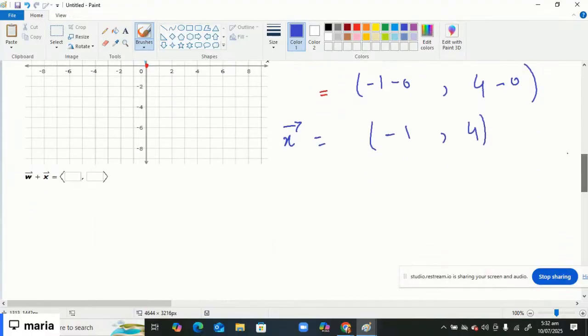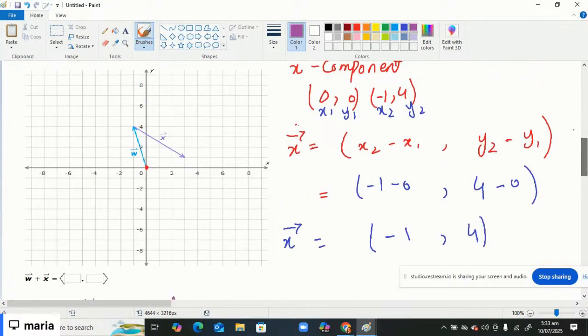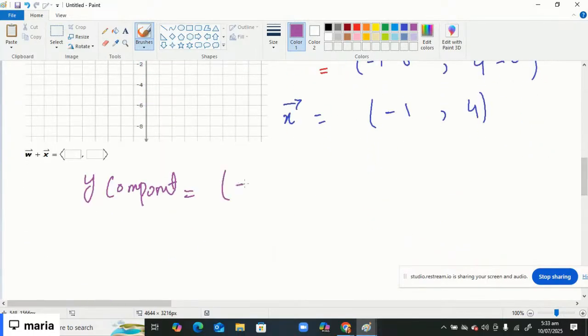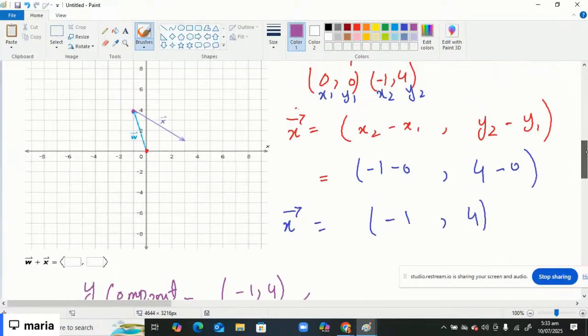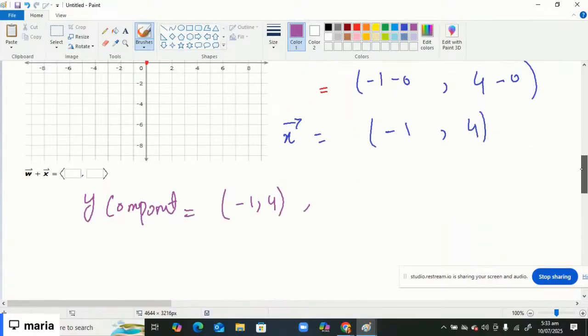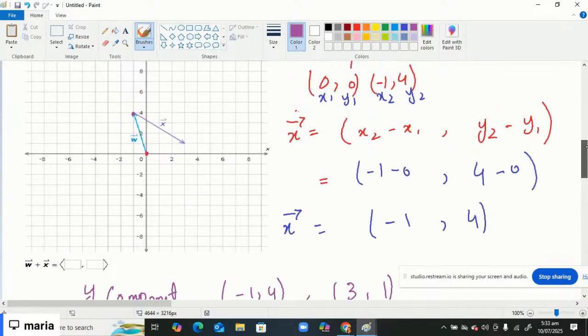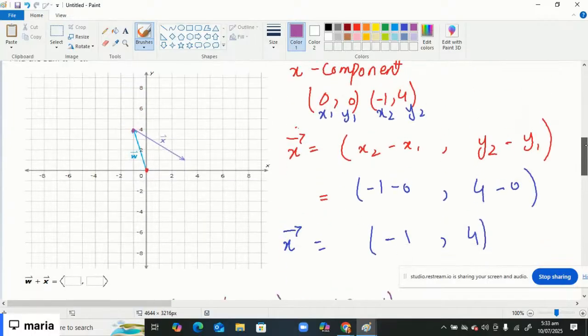Okay, now let's find the y component. So what are the y components? The first point is (-1, 4), and the last point is (3, 1).